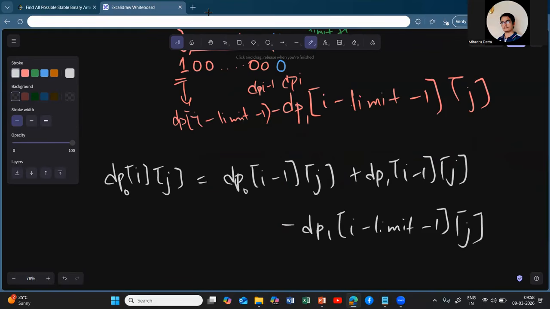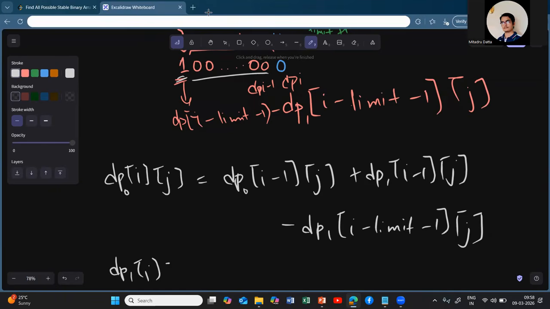Okay, so I hope it is very clear why I am using dp1, because there are limit consecutive zeros. Okay, and I am trying to place this extra 0, so I will get from I minus limit minus 1, and dp1 because it ends with 1. Okay, and j.